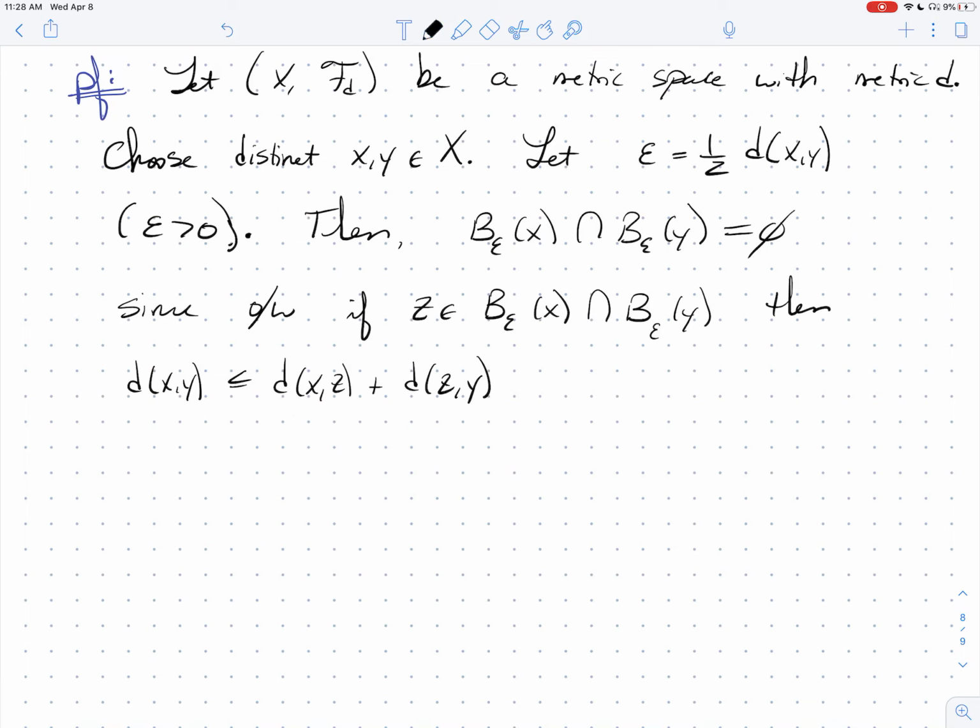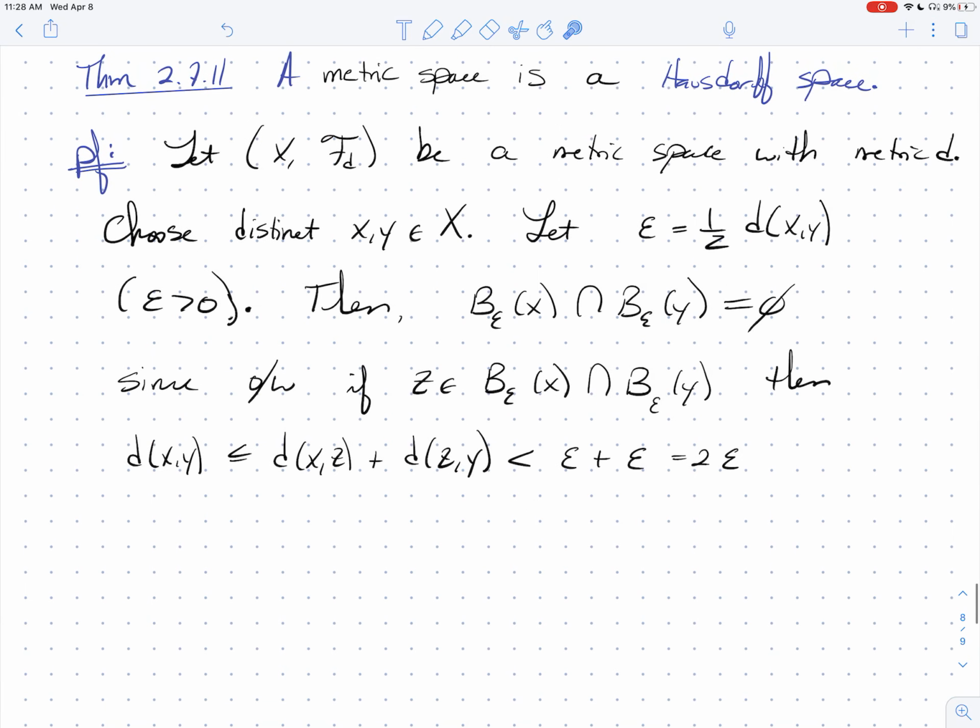And now I'm going to say, wait a minute. I know that the distance between X and Z is less than epsilon because Z lives in the ball of radius epsilon around X. And the same goes for the other distance. It's less than epsilon. Epsilon plus epsilon is 2 epsilon. But what was epsilon?